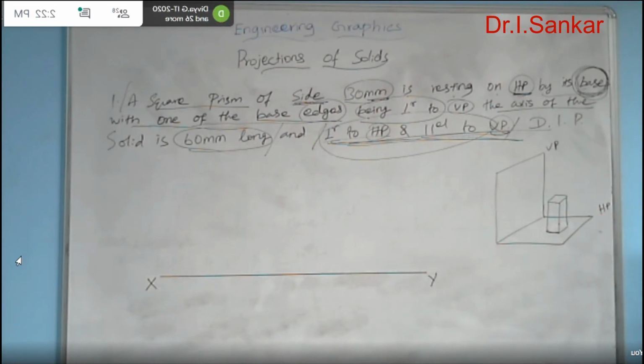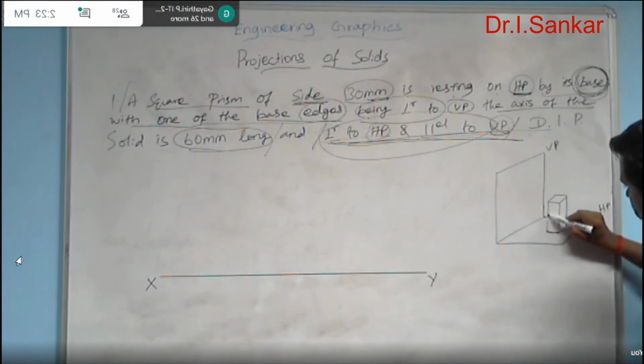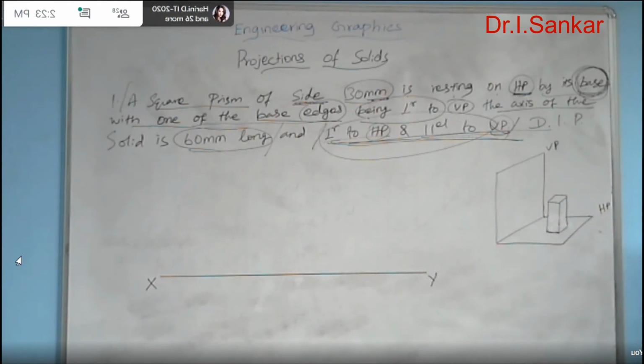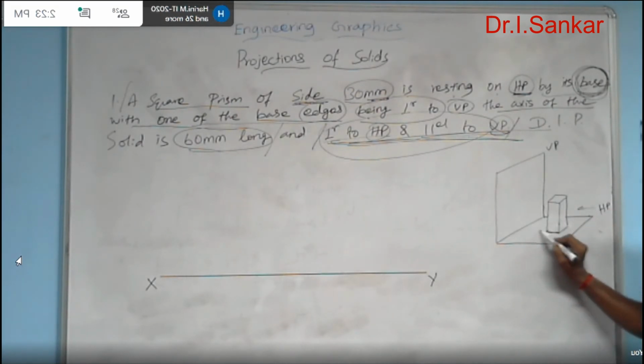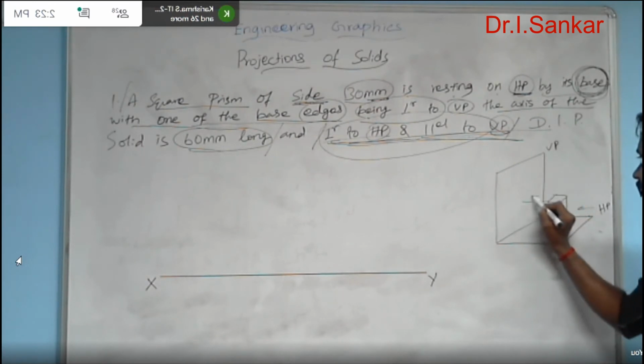So this is the 3D environment. I just drew the solid which is standing on the horizontal plane by its base, and one base edge is now perpendicular to the vertical plane. If you are supposed to draw the front and top views of the solid, the front view will be obtained in the vertical plane based on the solid's height.